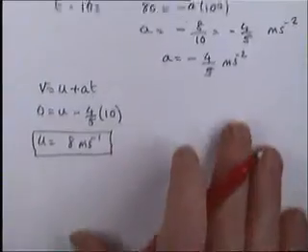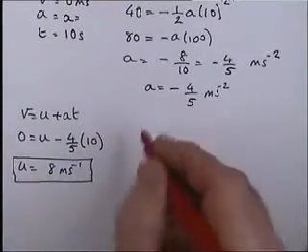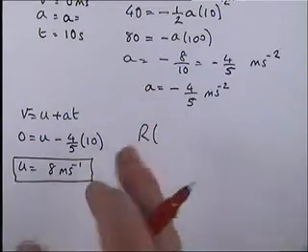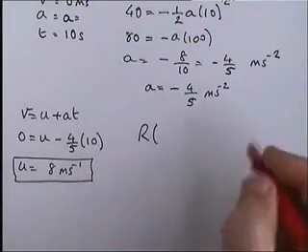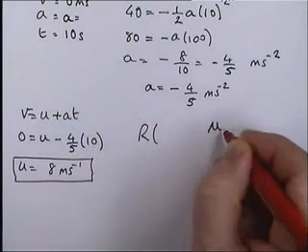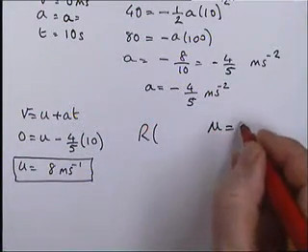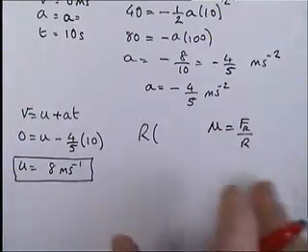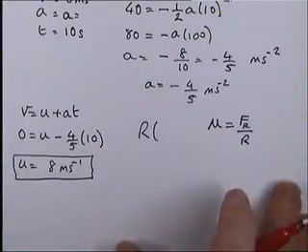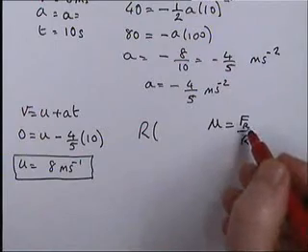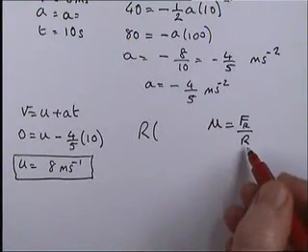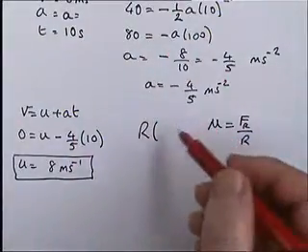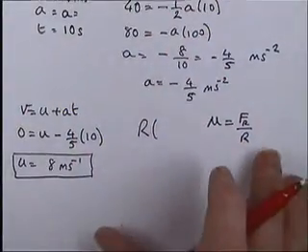Now I'm going to resolve my forces to find the coefficient of friction, because I know that the coefficient of friction is equal to friction over contact force. So if I can find the frictional force and the normal contact force, then I can find the coefficient of friction.